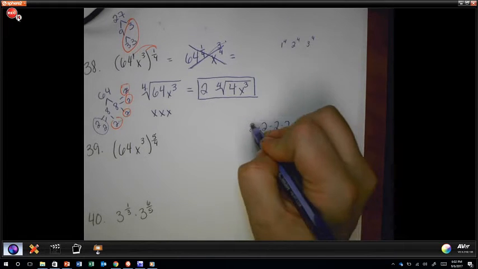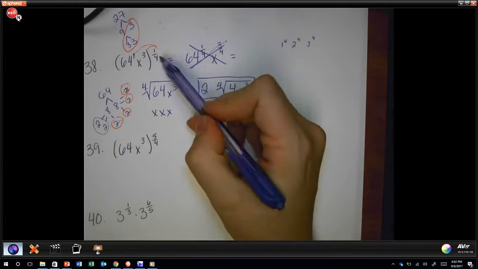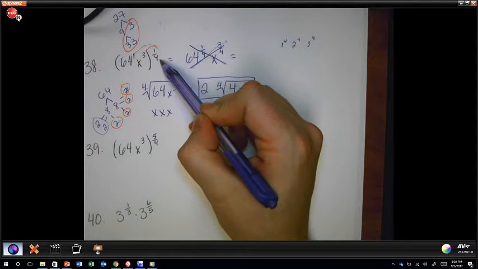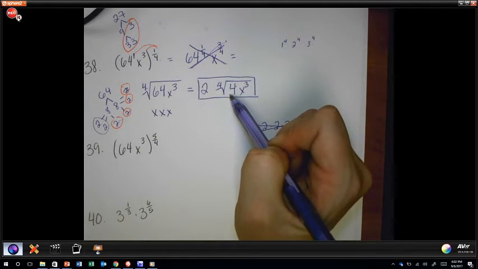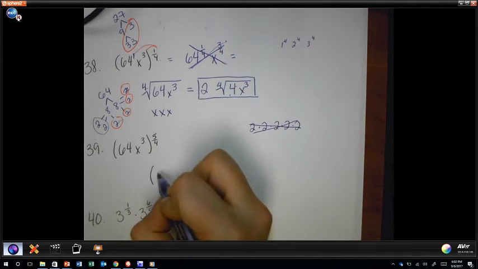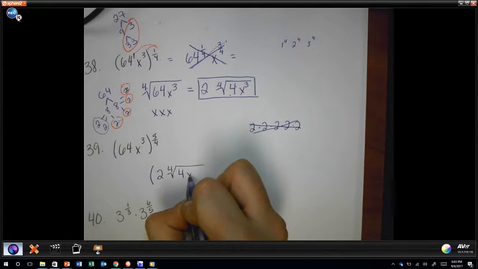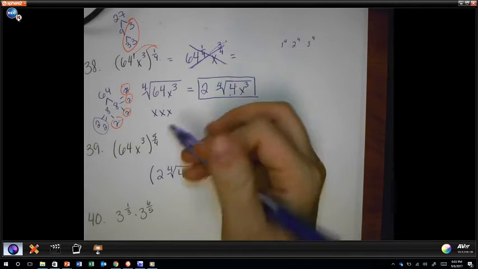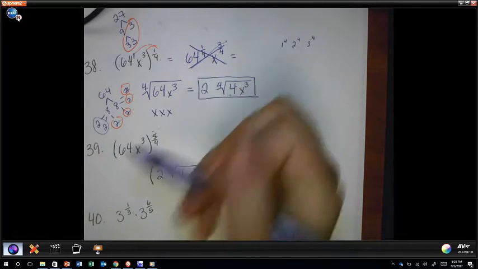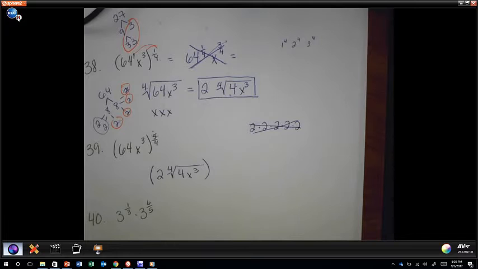The point of this is to show you, if we take our 4th root first, then we find the answer of that and raise it to whatever power in our numerator, sometimes that is easier.